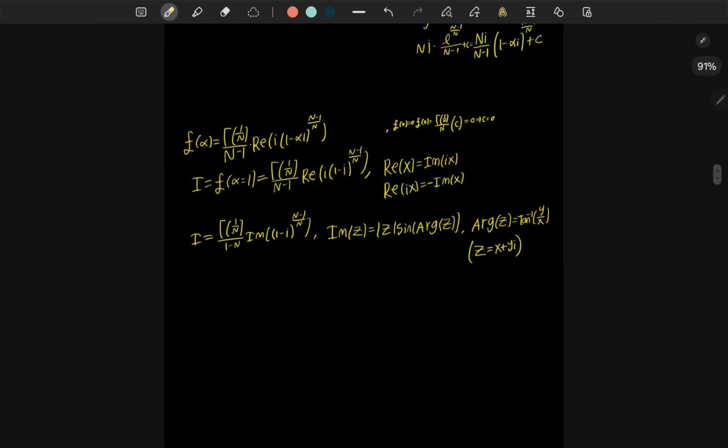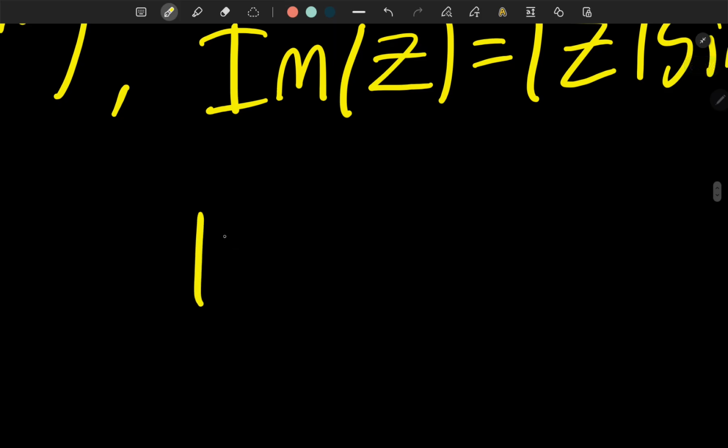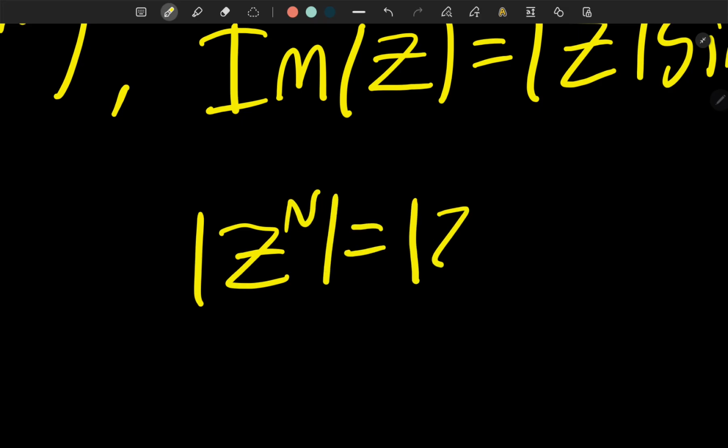Okay. Two more important things. The complex modulus of z to the n equals the modulus of z to the n.